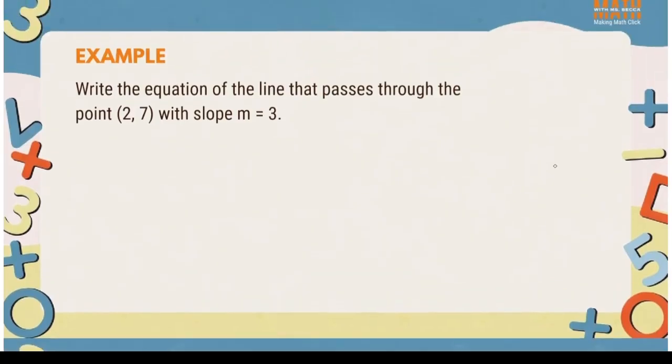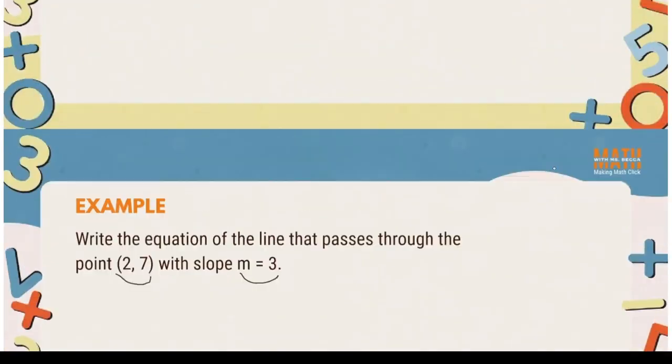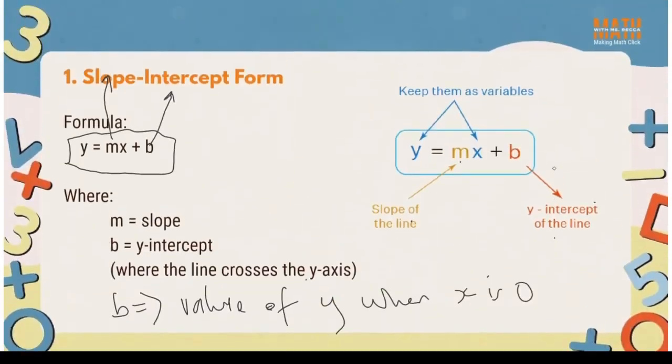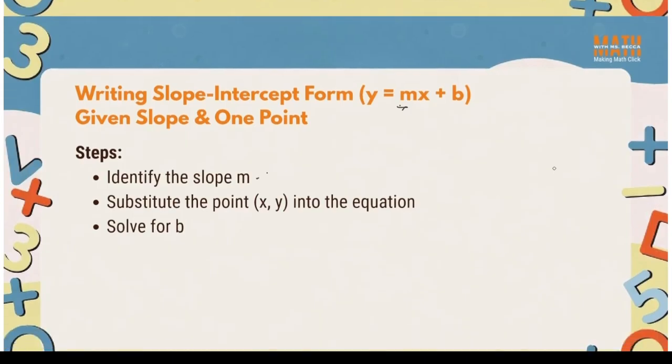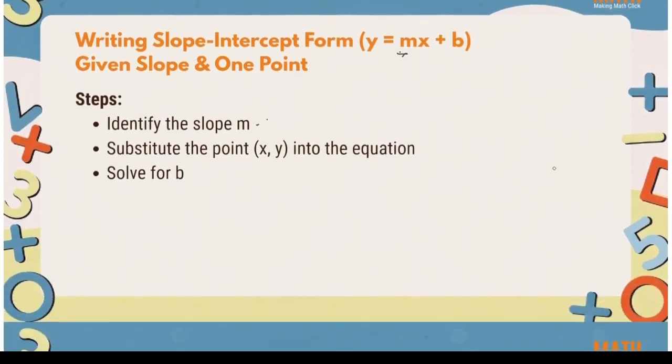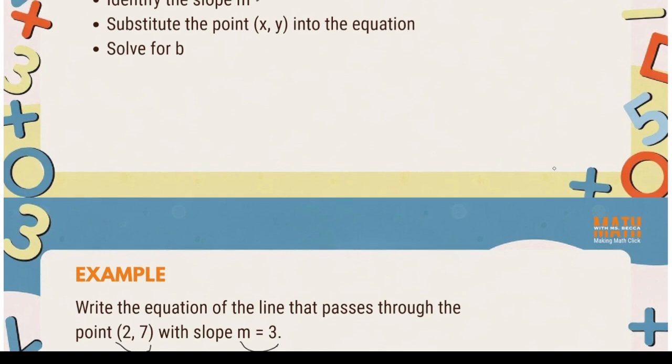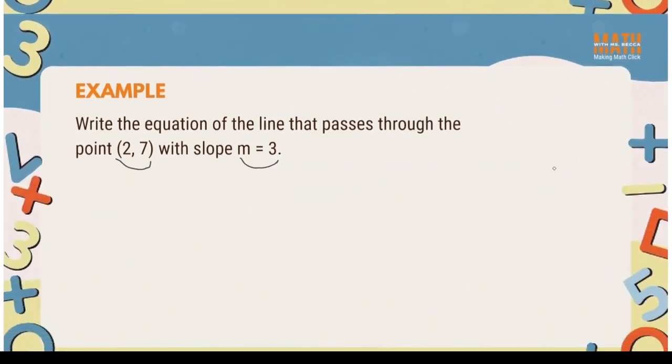The example says, write the equation of the line that passes through the point, with m equals 3. M is the slope, don't forget. So we were given the point and the slope, and we are working on slope-intercept form. You are given 1 point and the slope, and you're asked to write the equation.